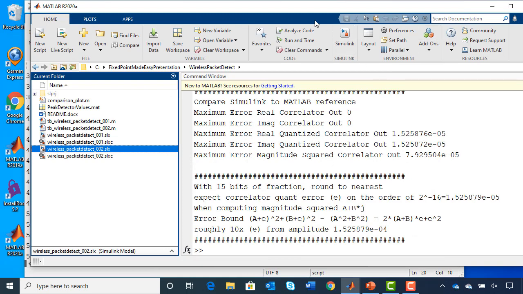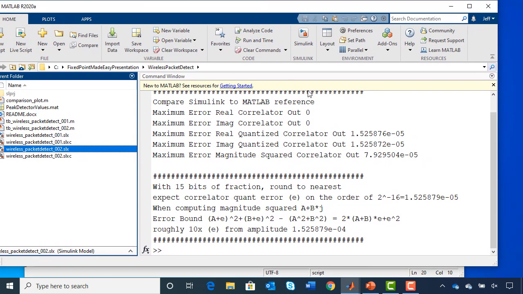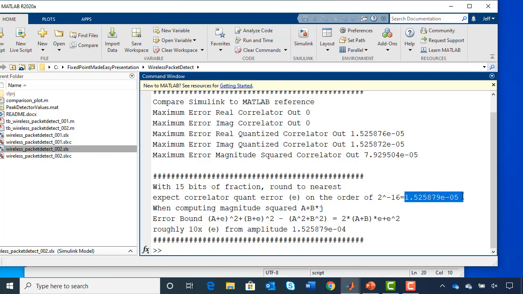Also, what we're seeing is that the quantization error on the correlator output is 1.5 times 10 to the minus 5. And that's actually what we would expect. For 15 bits of fraction, we would have expected on this order of quantization error.